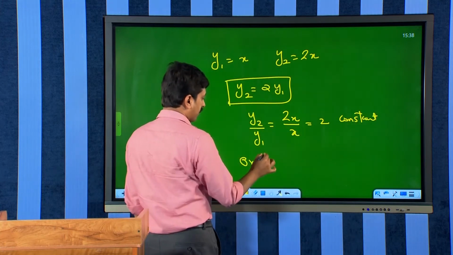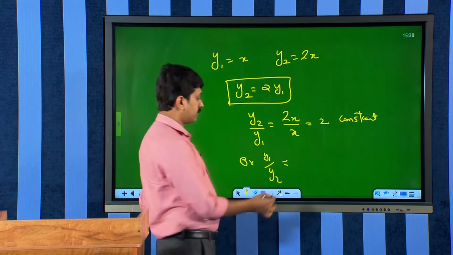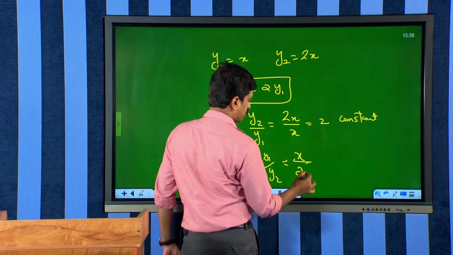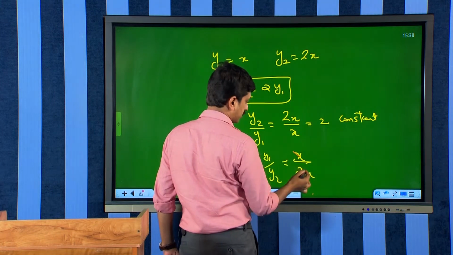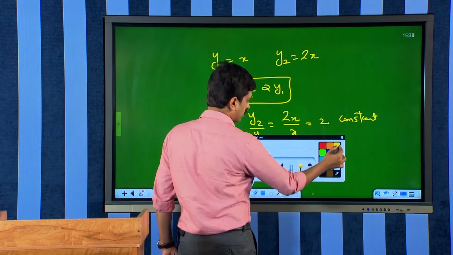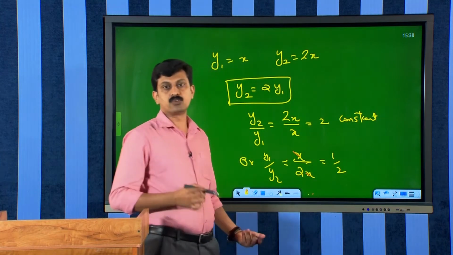Or y1 divided by y2 is x divided by 2x, which is 1/2, also a constant.